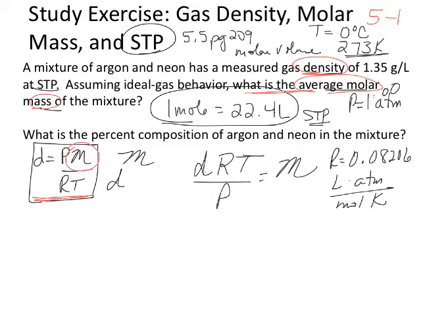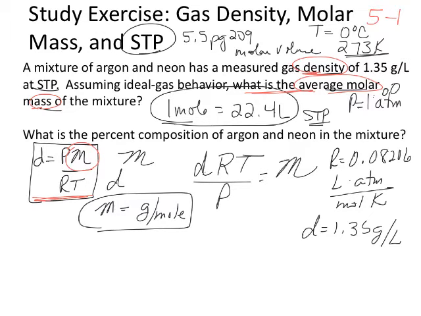The density is given to you, and it's 1.35 grams per liter. And this is fine with grams, because what are the units for molar mass? Grams per mole. So that's where the grams is going to come from.